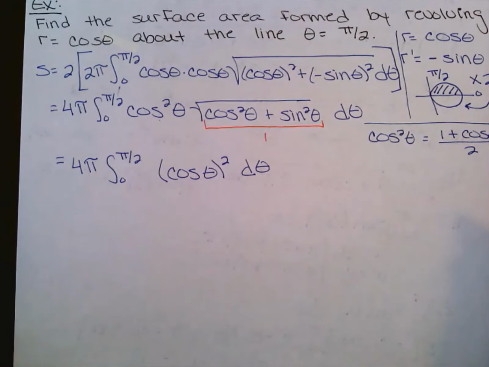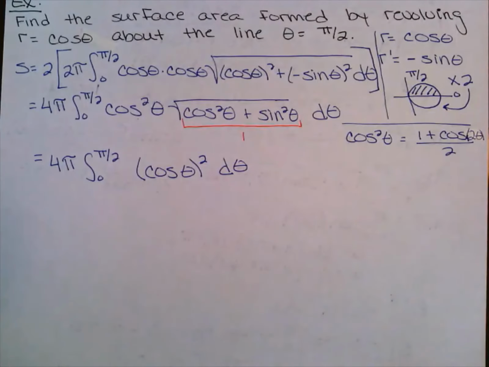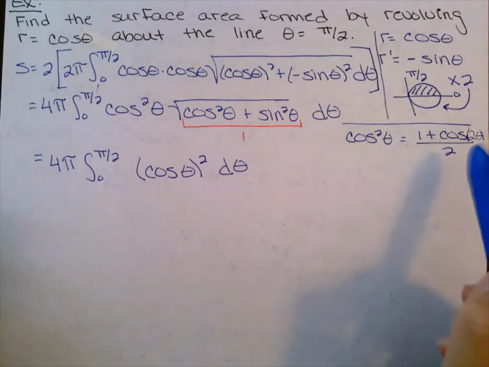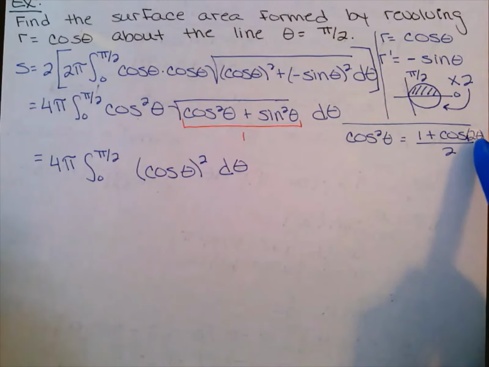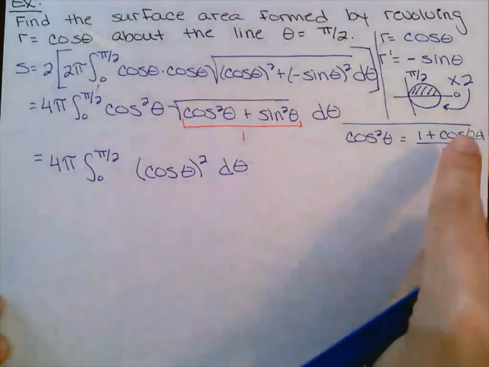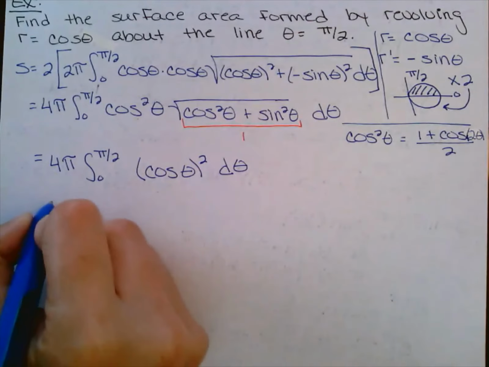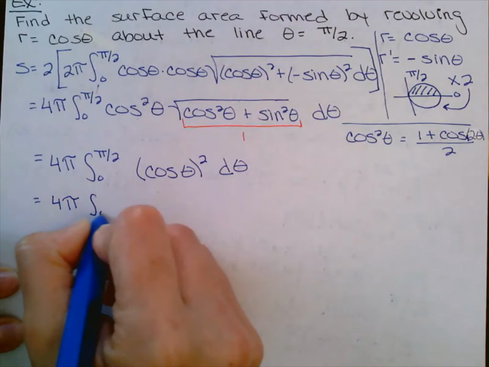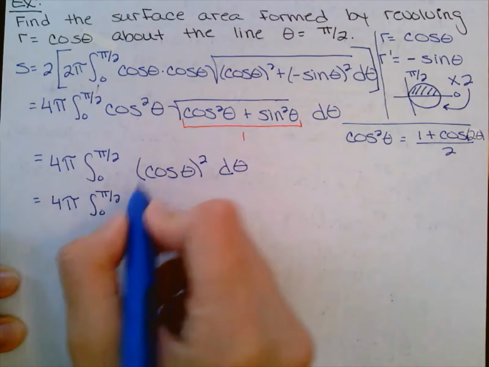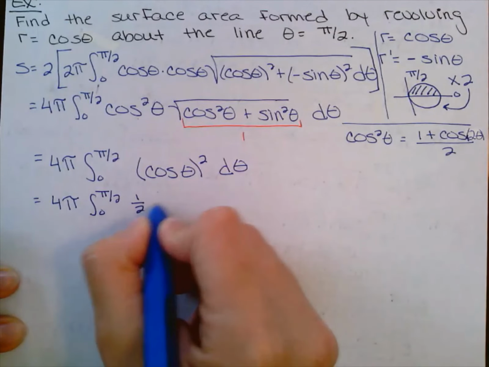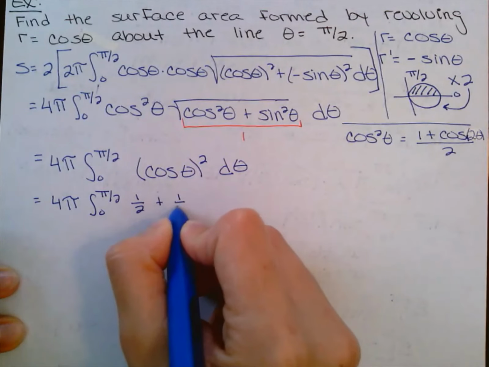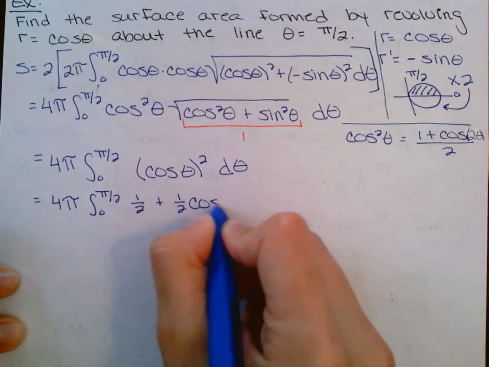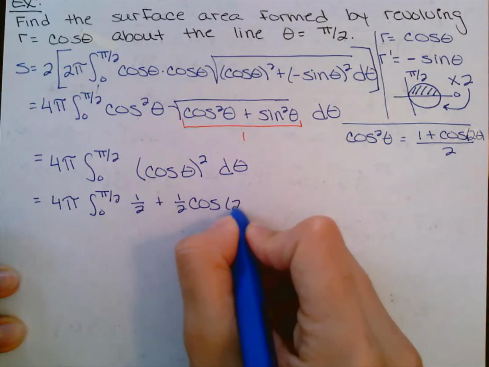Okay? Sorry, the paper was a little shifted, and it was 1 plus cosine of 2 theta over 2. So I'm going to rewrite that because now here I do have an easy antiderivative. I'm going to rewrite that as half plus half cosine of 2 theta.